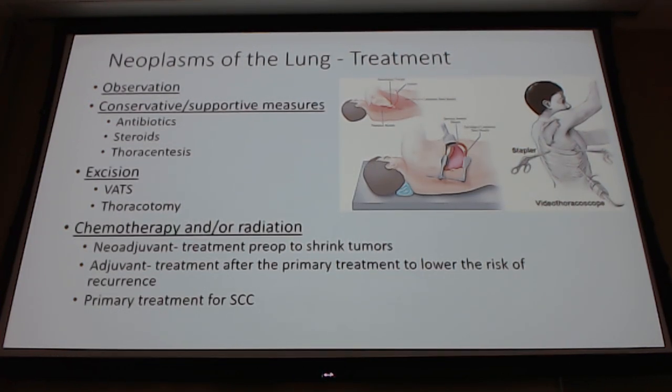All right, what are we going to do? We can always observe. It depends on what is actually happening. Are they too advanced and we can't actually do anything? If it's really, really small, less than 2 centimeters, we don't know.